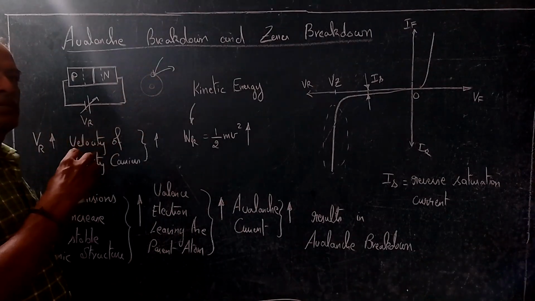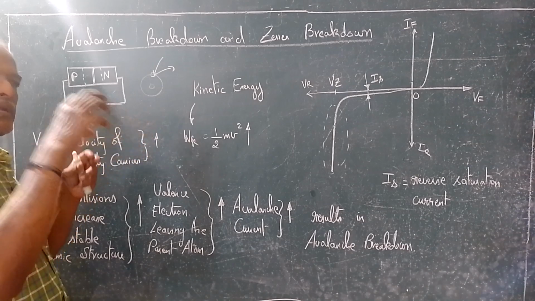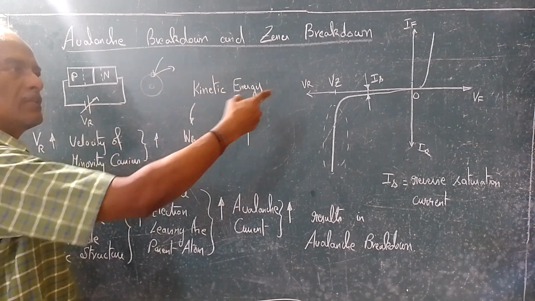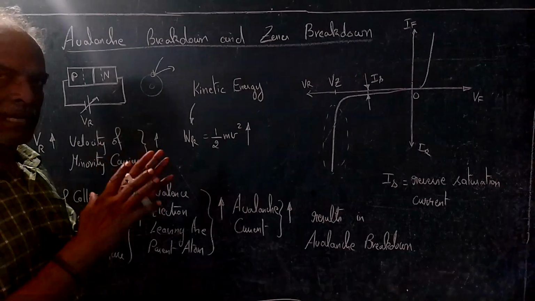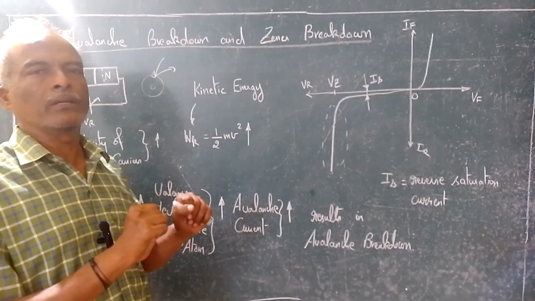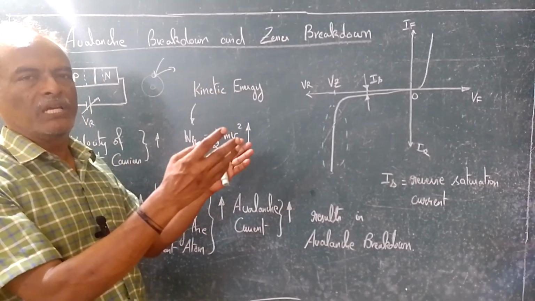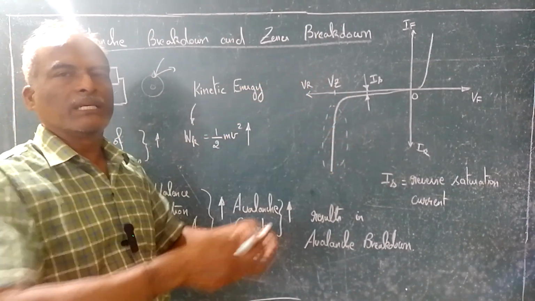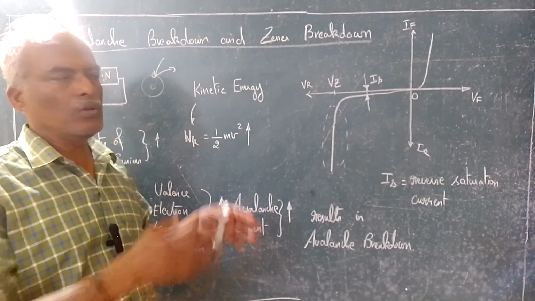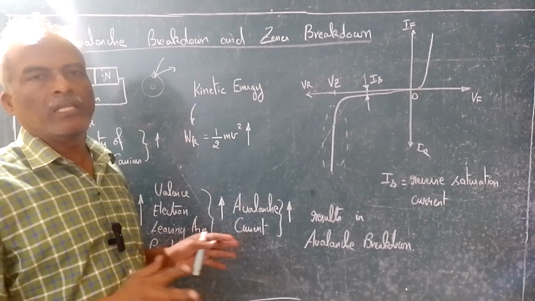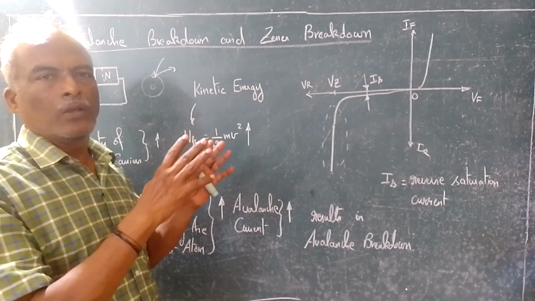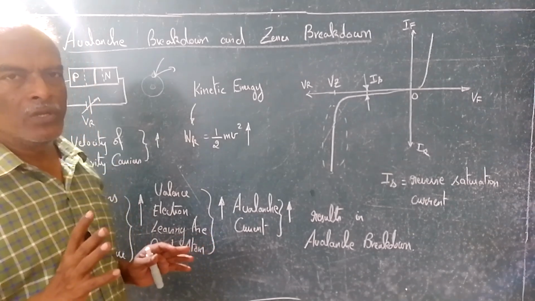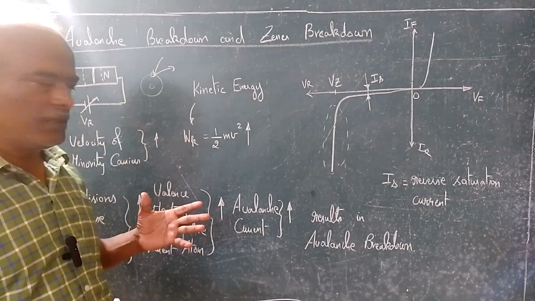So that electron released from the stable parent structure tries to bombard the next stable atom. Now what will happen? Their electron gets released and that will bombard some other stable atoms. So likewise at the same moment many collisions will happen. So this is a cumulative process. Finally what will happen?